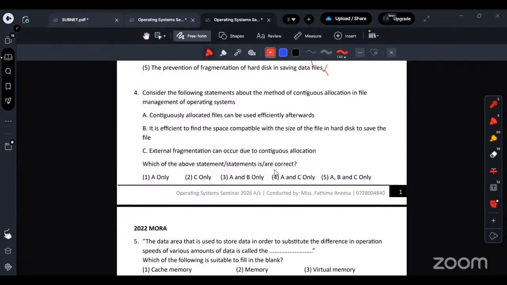Now you know that there are three types of allocations. What are those? Can I know what are those? There are three types, and in the question they have mentioned one type, contiguous allocation in file management. What are the other two types in file management?